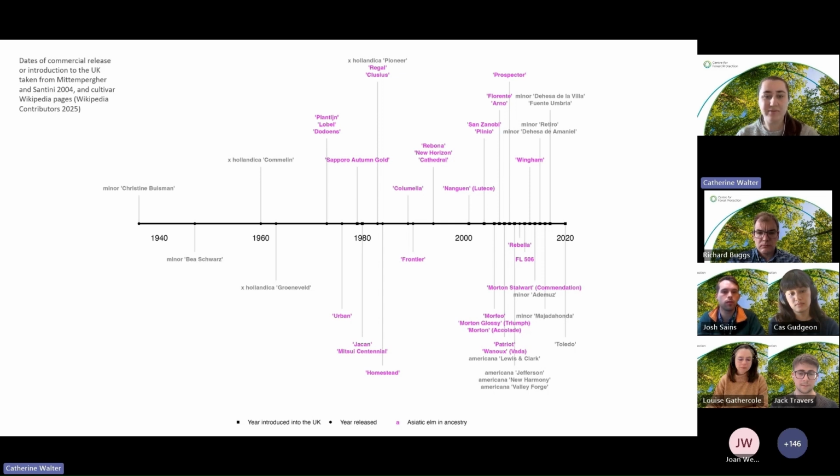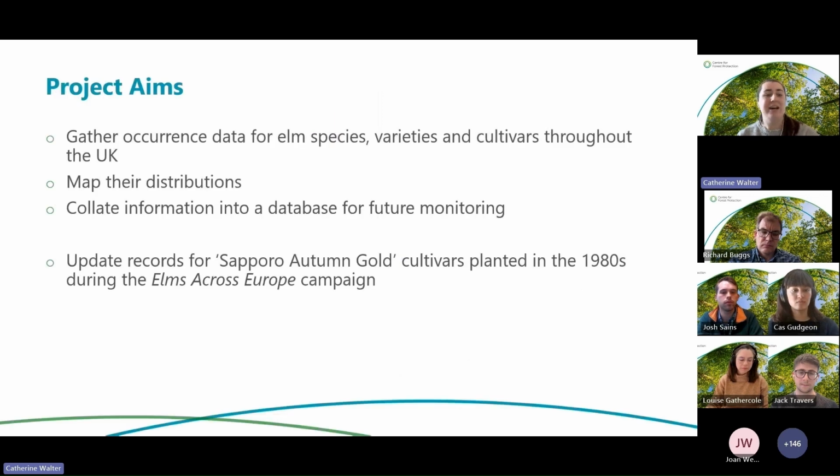So with all of these different types of elms in mind, I set out to gather data for all of the different types of elm in the UK, map their distributions, and then collate this information into a database.